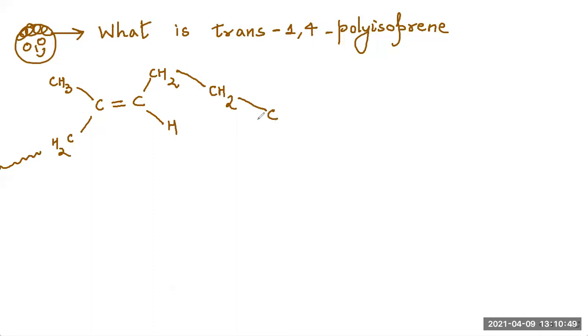And then CH3 cannot be here. The opposite of 4 can be H, so what will this be? CH2. No, it can be H also. How can it be CH2, CH2 on the same carbon, my dear?